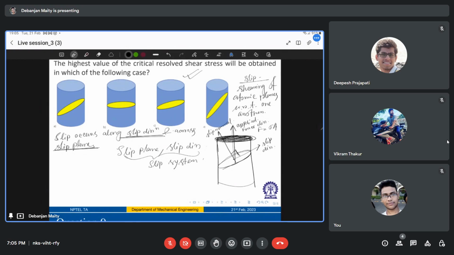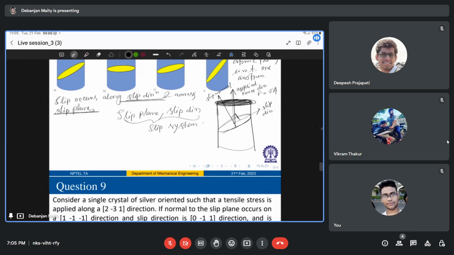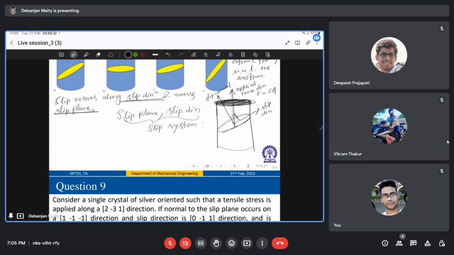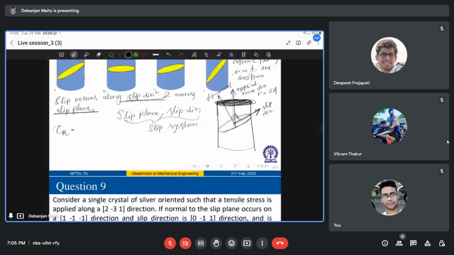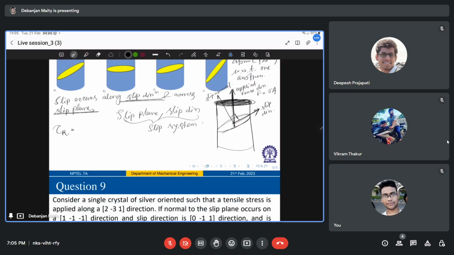Now, how can you find out the critically resolved shear stress along the slip direction? So if you want to find out this tau, which is the critically resolved shear stress, let's say this is your angle lambda, and let's say this is your angle phi.